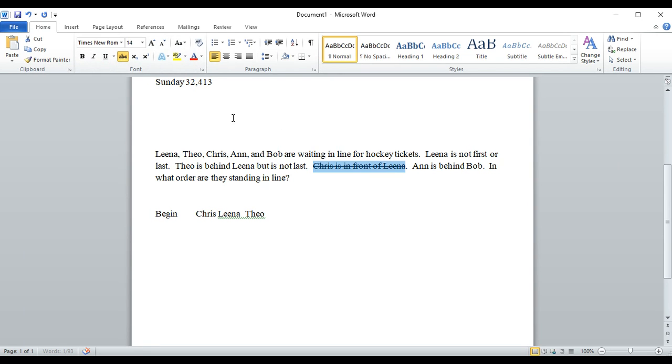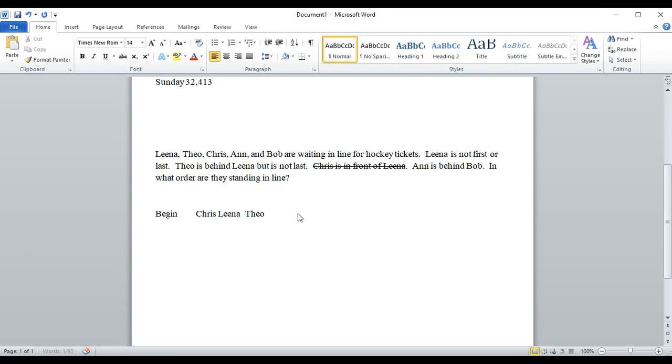It says that Ann is behind Bob. Lena is not first or last, so Chris could be first, Lena could be next, Theo could be next. It says Theo is behind Lena, but he's not last. So he cannot be right here. And Ann is behind Bob. So if Ann is behind Bob, I'm going to put him over here.